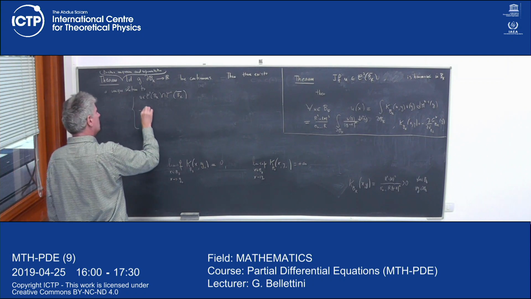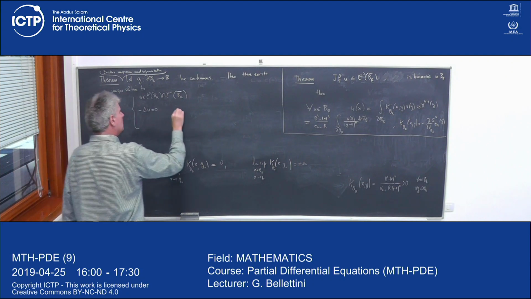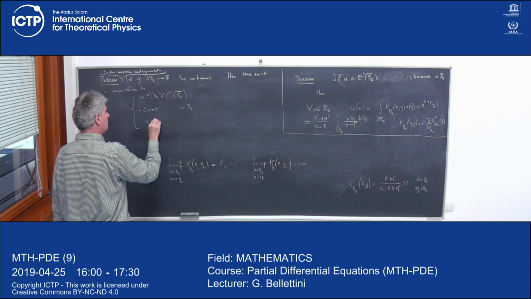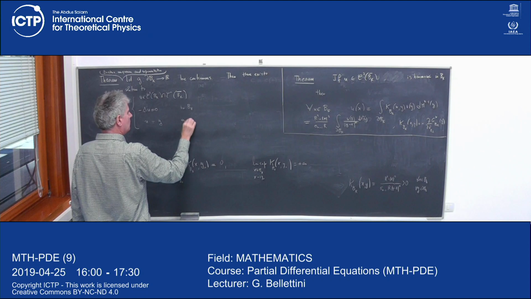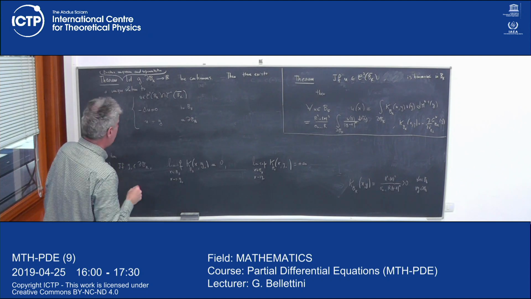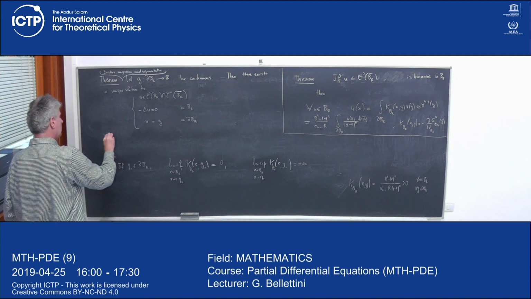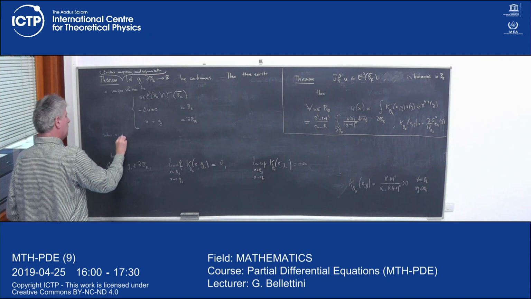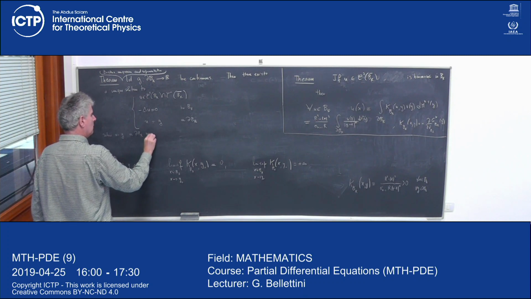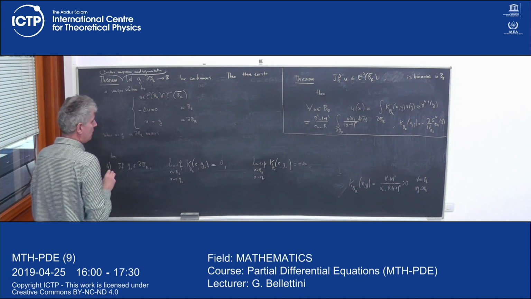minus where this last condition, let me repeat it, where u equal G on the boundary means the way we take the boundary condition is in the classical sense.